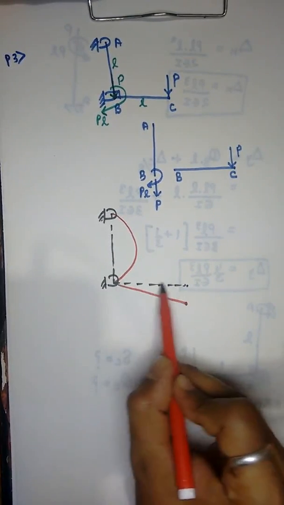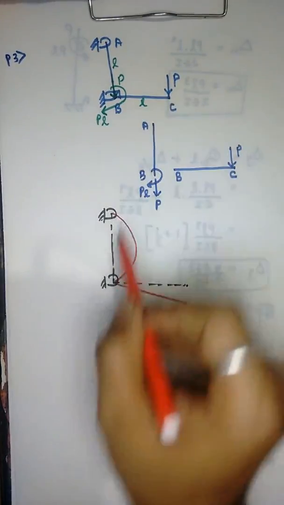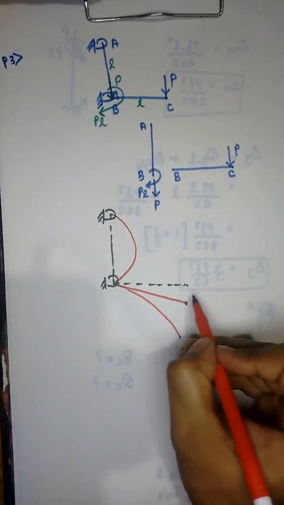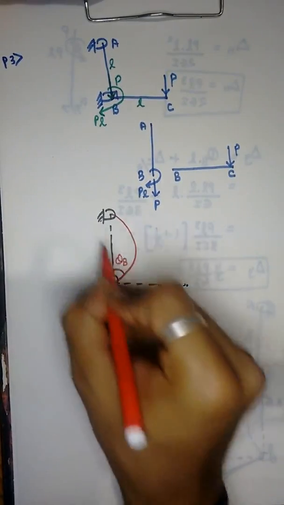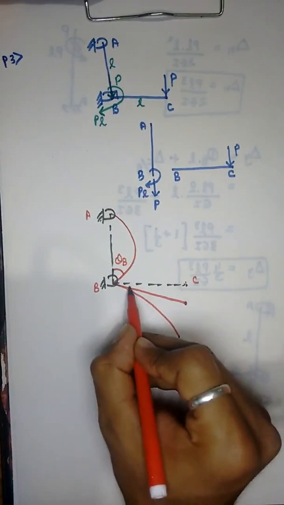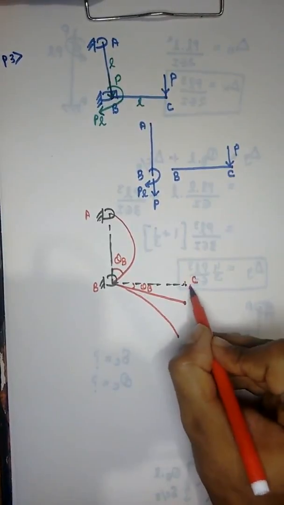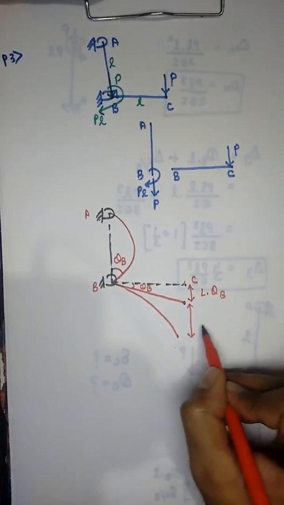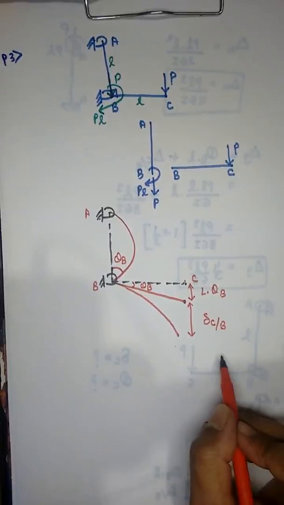The horizontal arm of this frame also carries a point load P, so this will again deflect. Say this is theta B, this is A, this is B, and this is C. This is theta B, so this will again be theta B. So this is L into theta B, and this is the deflection of C with respect to B.